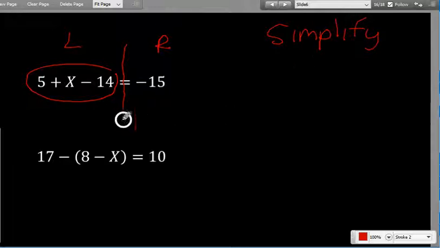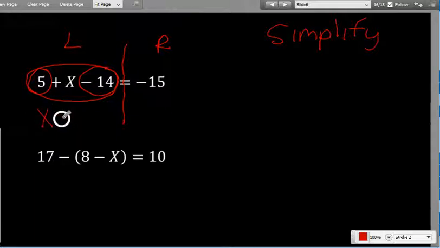So to simplify the left side, you can see that we have a 5, which is a constant. We also have this negative 14 right here. So when we combine a 5 and a negative 14 in your calculator, make sure you have your calculators out today, 5 plus negative 14 would be a negative 9.